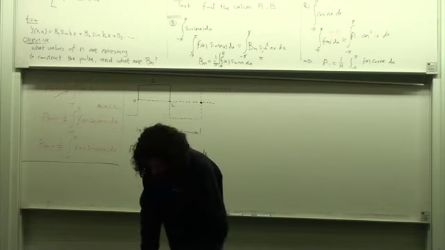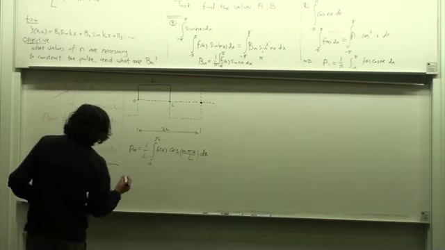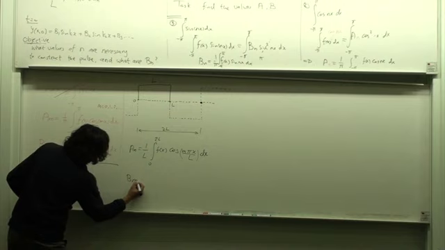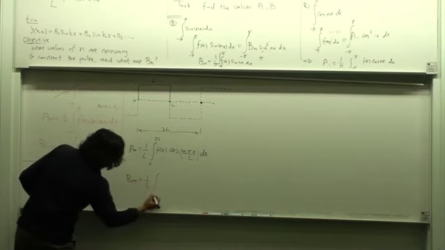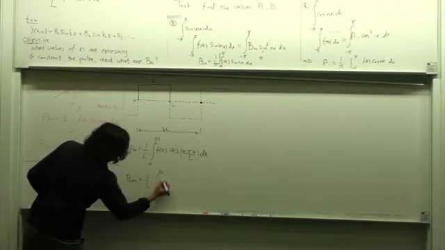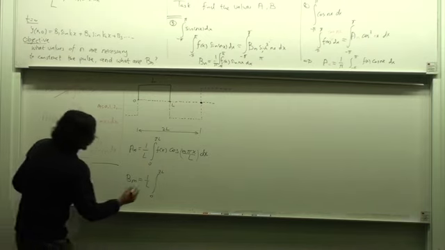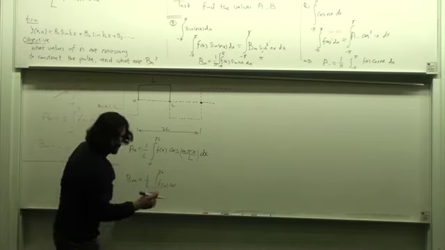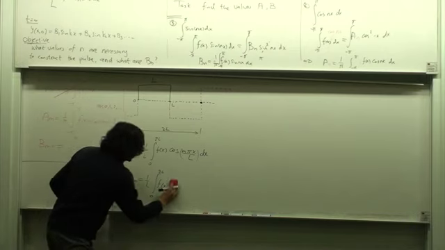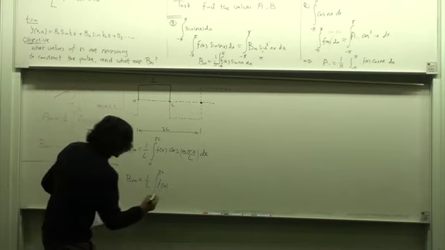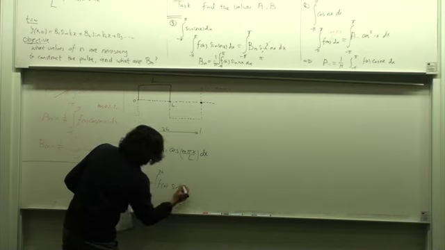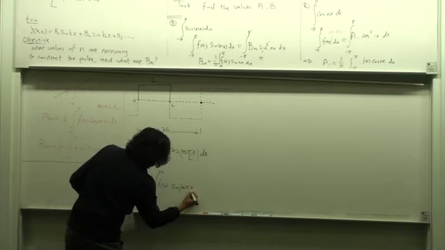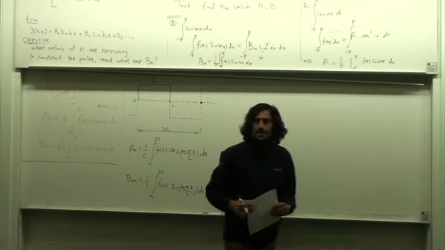Now we do the same thing for b_m. It is 1 over L from 0 to 2L, f of x, sine m pi x over L, dx.